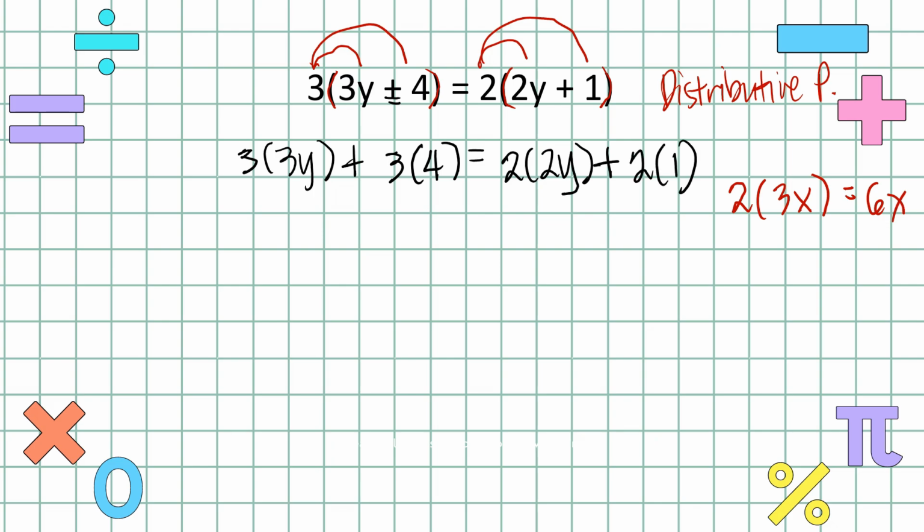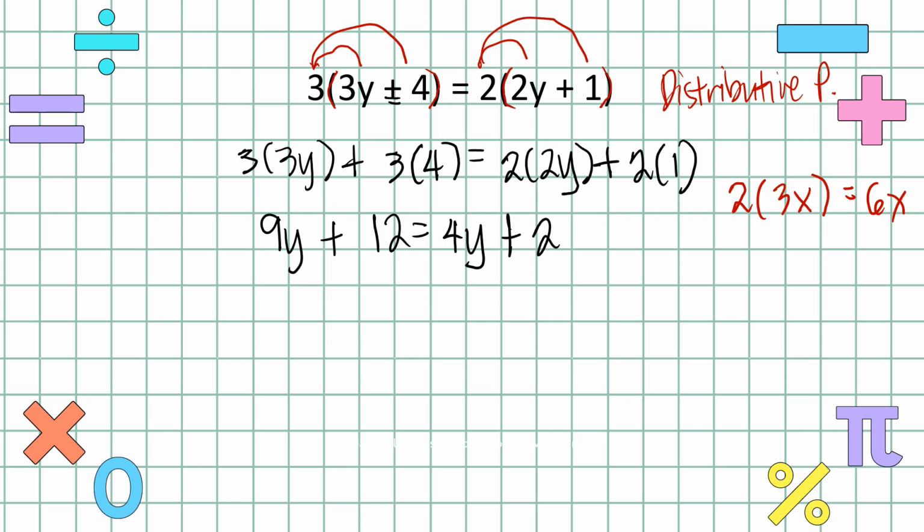Simplifying each, 3 times 3y is 9y, 3 times 4 is 12, 2 times 2y is 4y, and 2 times 1 is 2.